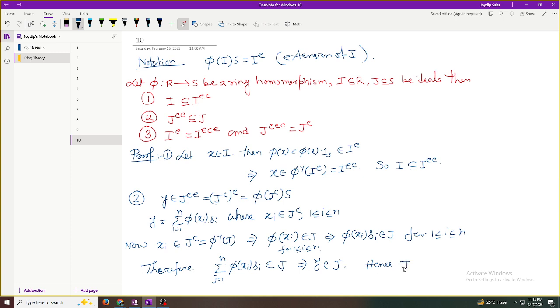J contraction extension is a subset of J.